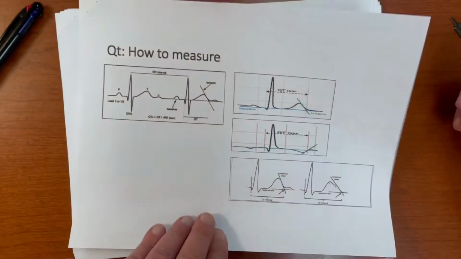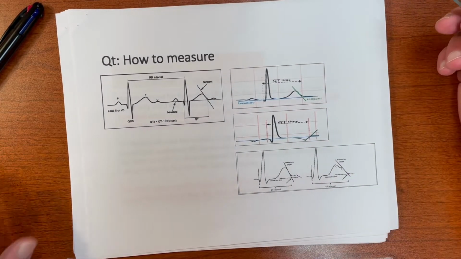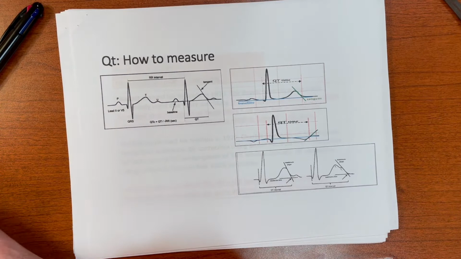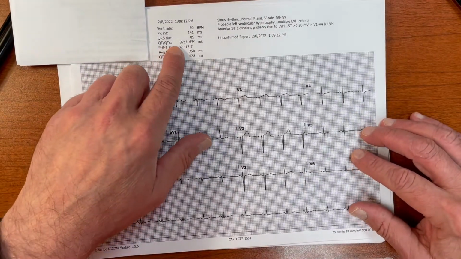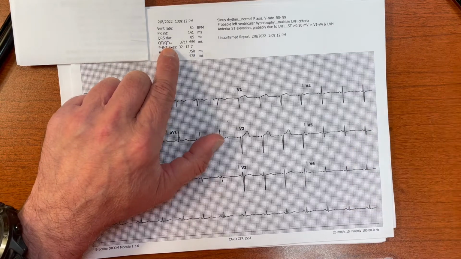So, after we measure, what do we do with the QT interval? If we look back at our EKG, one more slide back, one more past that, we see QTC. What is QTC?